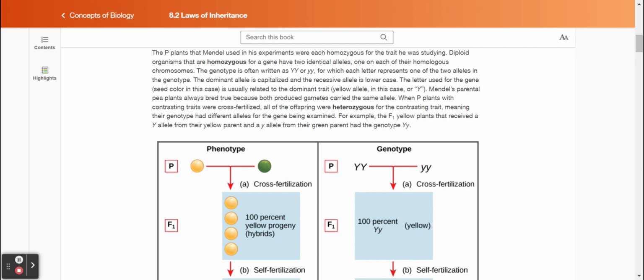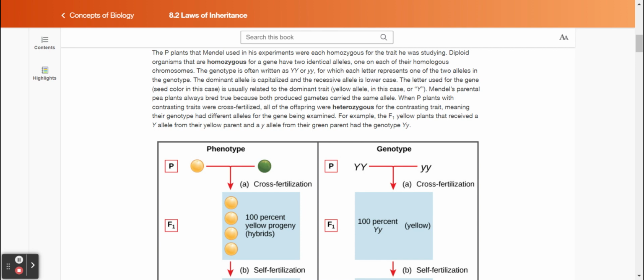The dominant allele is capitalized, and the recessive allele is lowercase. The letter used for the gene, seed color in this case, is usually related to the dominant trait, yellow allele in this case, or capital Y. Mendel's parental pea plants always bred true because both produced gametes carried the same allele.